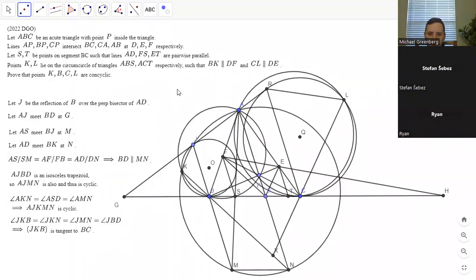So BK is parallel to DF. CL is parallel to DE, and then from there we have to show those are collinear. So is there some homothety that takes, because this is parallel to this and this is parallel to this, that kind of makes me think of homotheties, but I'm not sure.